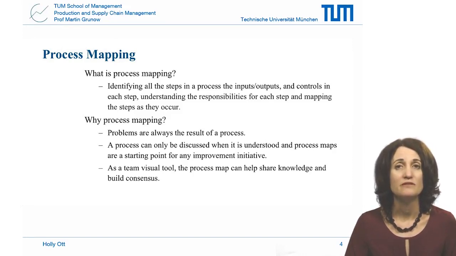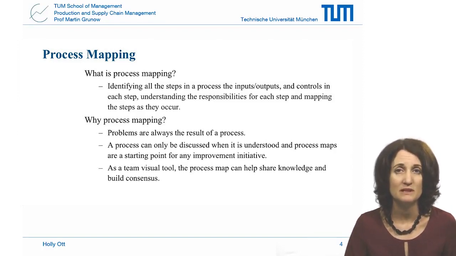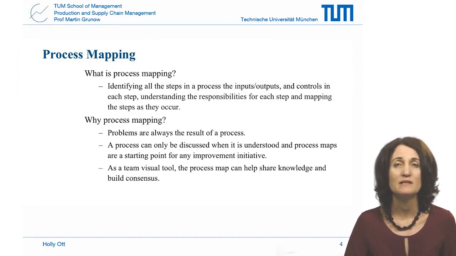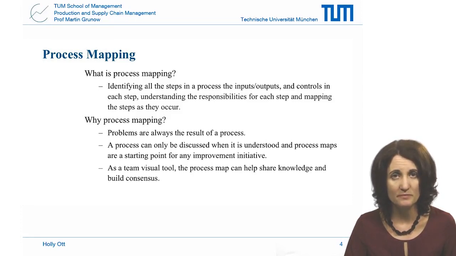Process mapping then can be defined as identifying all the steps in a process, the inputs and outputs, the controls at each step, the resources used in each step, the responsibilities for each step, and then mapping these steps as they occur.